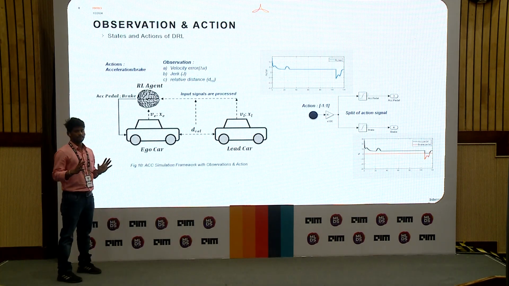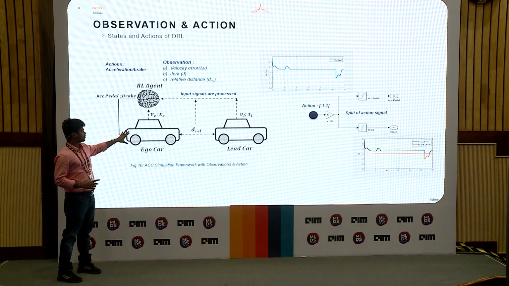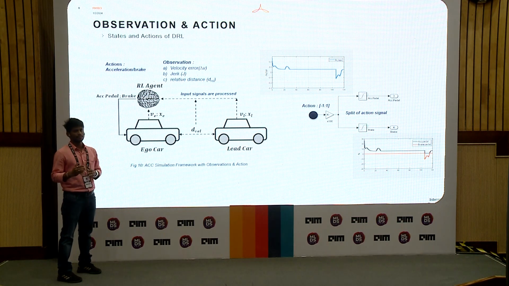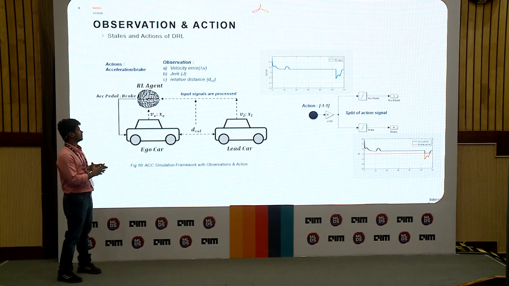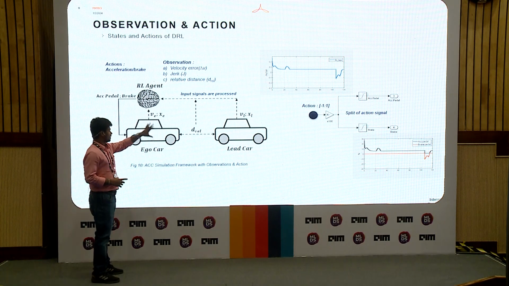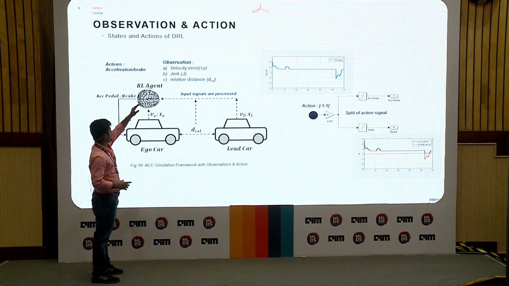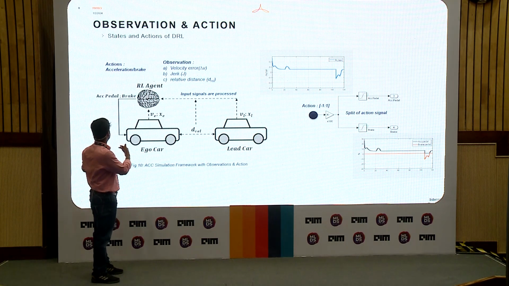So here the idea is very clear. The purpose is to develop a control to drive safely with good tracking accuracy and also with comfort. That is our objective. Here we have the entire framework. We observe velocity error, jerk, and relative distance, and the action is the acceleration.